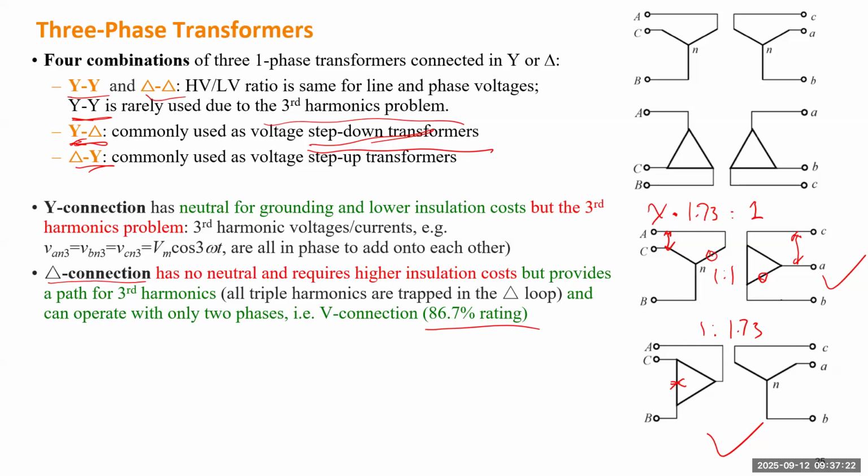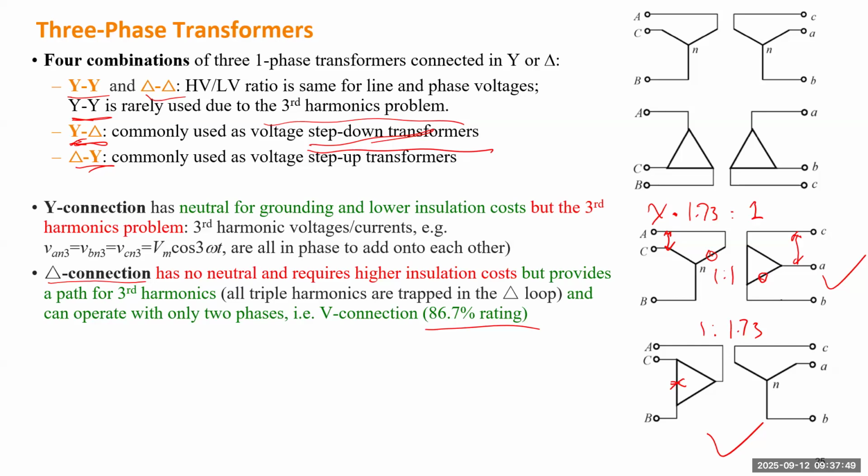Have you done the calculation for Y, around 87%, in 325? You can try. It's very simple. I don't go through that one in this class, but basically you calculate the rating. For example, with the full delta, the line current will be the sum of the two phase currents.